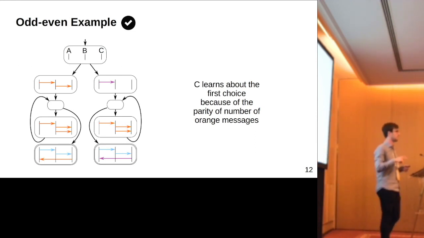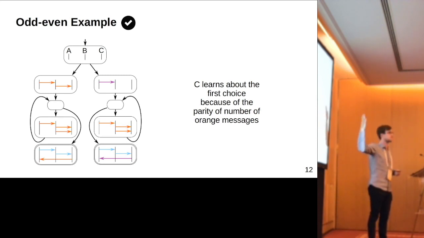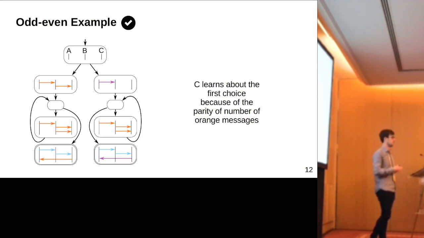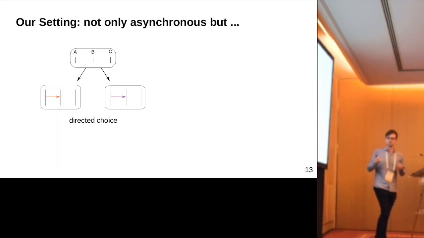The parity of the orange messages actually lets C know which branch was taken initially. It doesn't learn about it just by one specific message, but because of the semantic property of all the messages that appeared before.